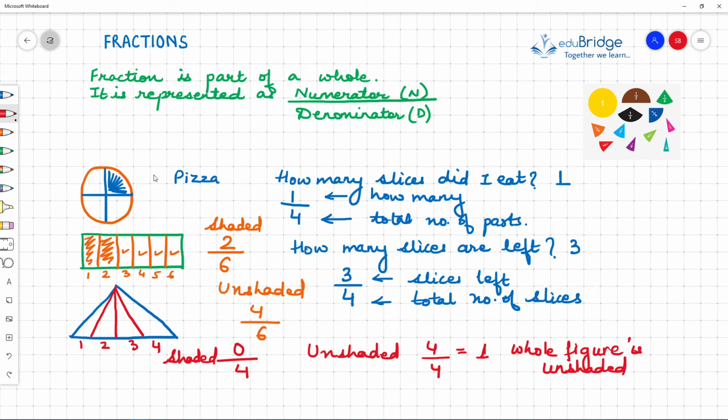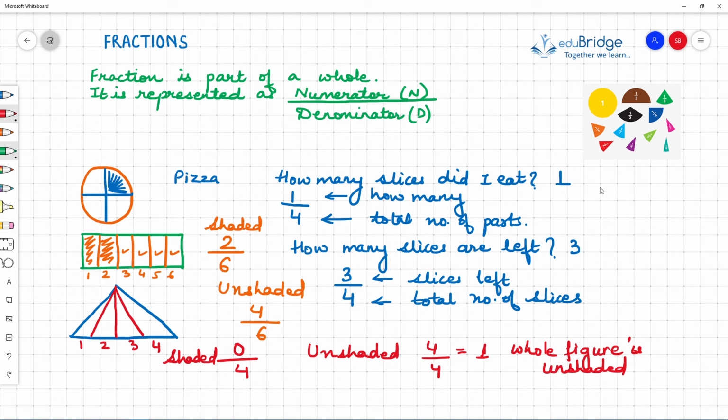Right? So it's very easy to understand what fractions are. You simply represent it in the form of a diagram. We call it a visual representation. You divide it into the parts required and find out the shaded and the unshaded part. Let me give you an example and you all can try this.